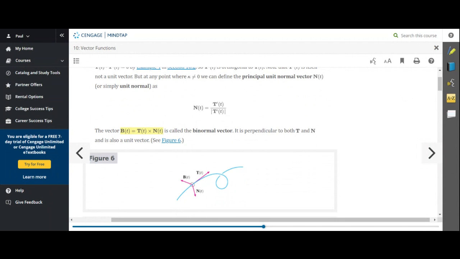Absolutely it does. Thank you Jamal, thank you Ryan, thank you Diadath. We know the cross product of two vectors is going to be orthogonal to the plane that those two vectors are in. So the cross product of the unit tangent and the unit normal vector is the binormal vector, and that's going to be perpendicular to the plane in which those two vectors lie.